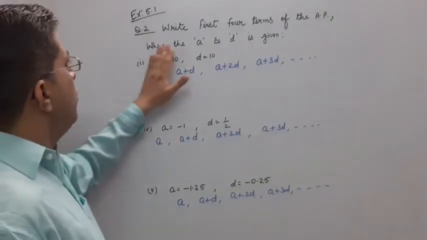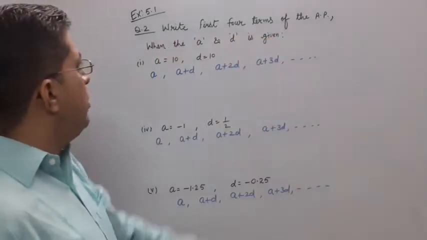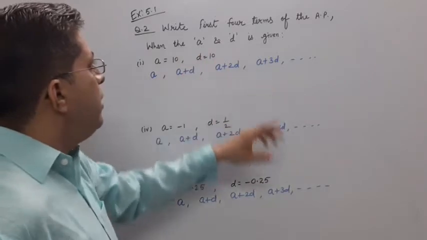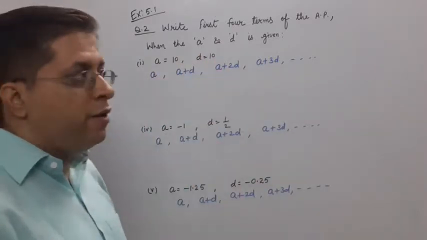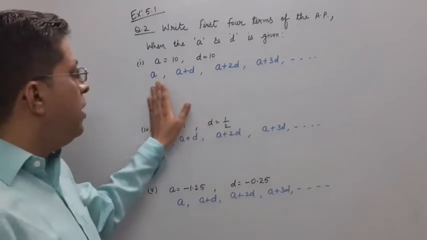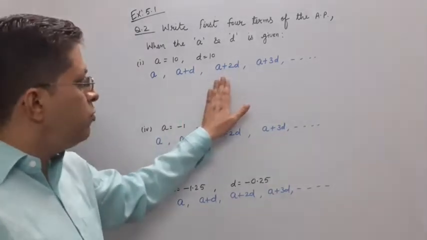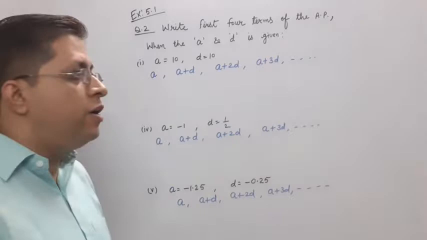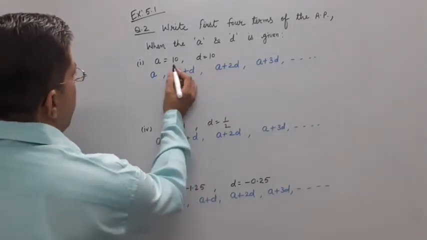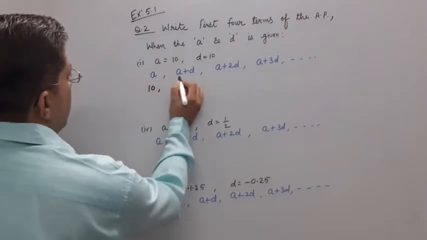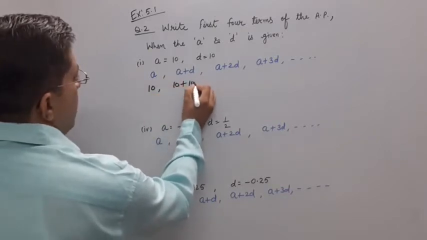Question number 2. Write the first 4 terms of the AP when A and D are given to you. See, A is 10 and D is also 10. See the general terms: A, A plus D, A plus 2D, A plus 3D. This is the general term. Now I am going to put A as 10 here. This is 10 plus 10.